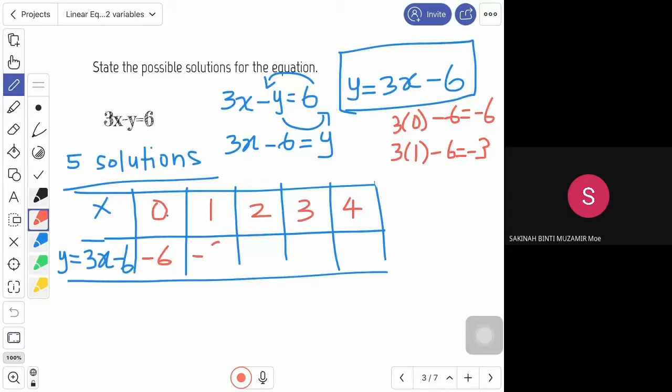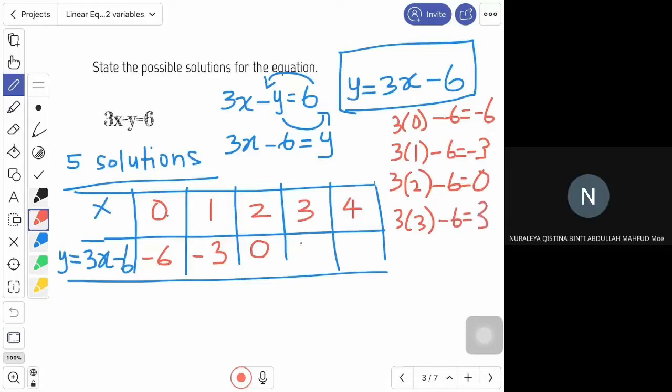When x equals to 2, now we substitute 2 into the equation. Dapat? 0. Y is 0. So when x equals to 3, 3 times 3 minus 6, that is 3.